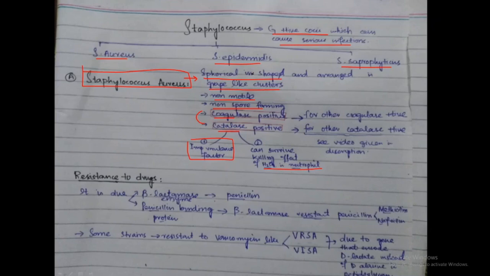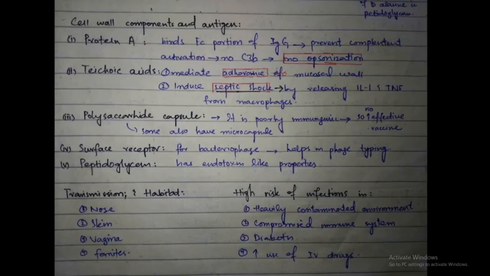Now, talking about some of the cell components and antigens of Staphylococcus aureus: they are protein A, teichoic acid, polysaccharide capsule, surface receptor, and peptidoglycan. It will be better if you take a page and copy and write all of this. You'll remember it. So what is the function of protein A?